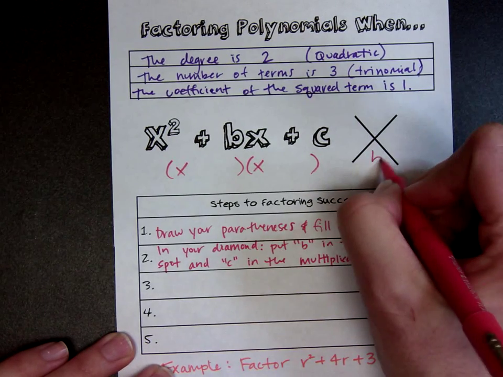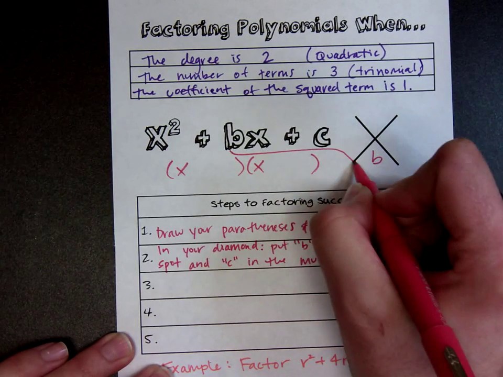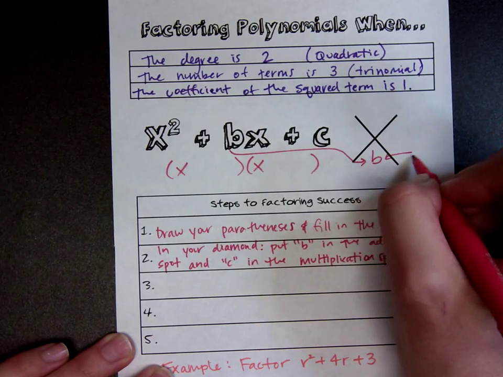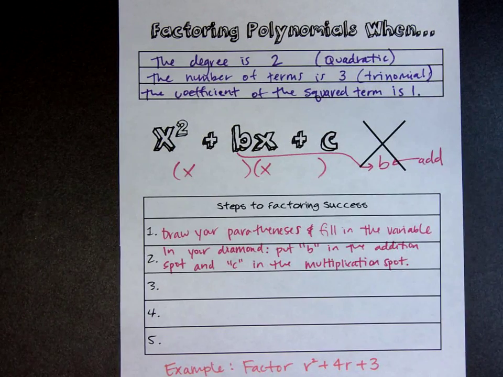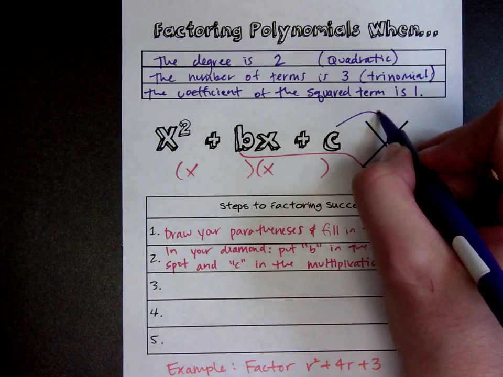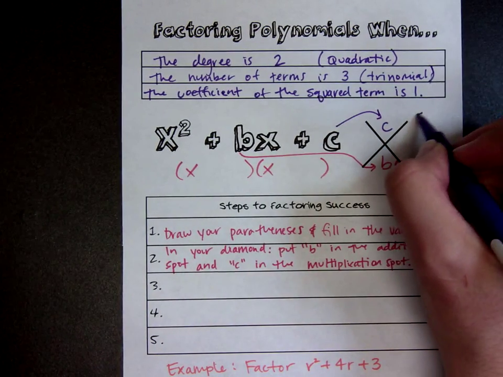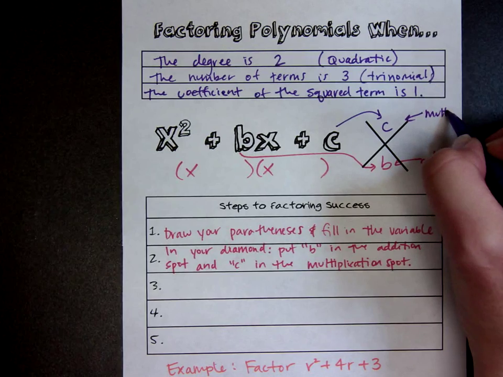Okay, so down here, we're going to take this b, put it in there. That's the add spot. Then we're going to take this c, put it in here. That's the multiply spot.